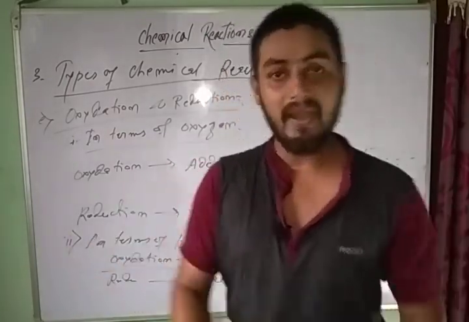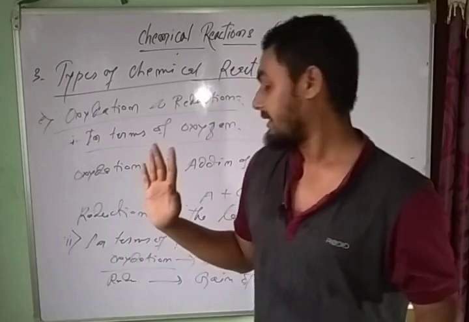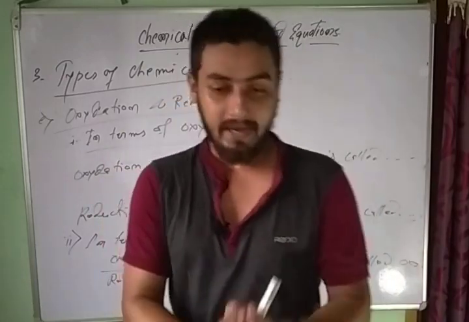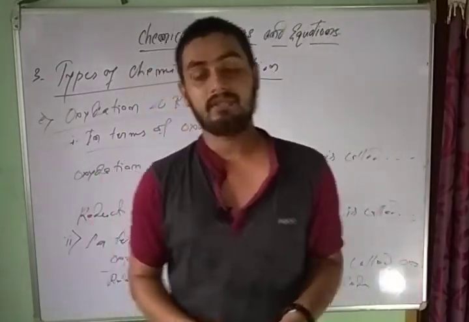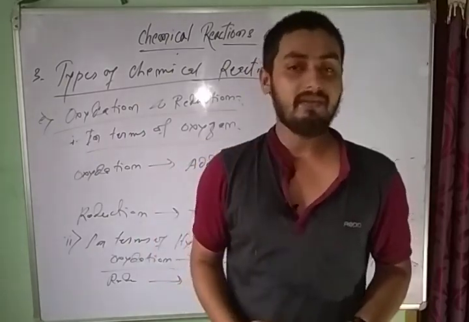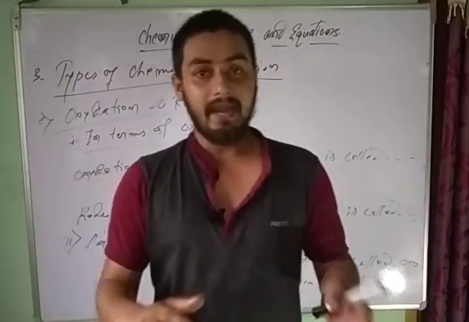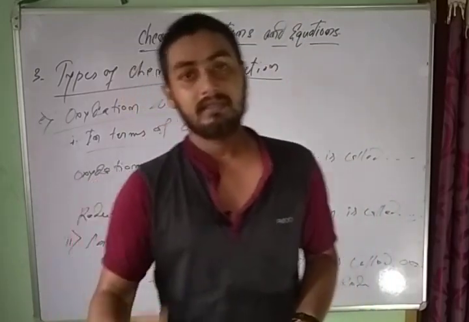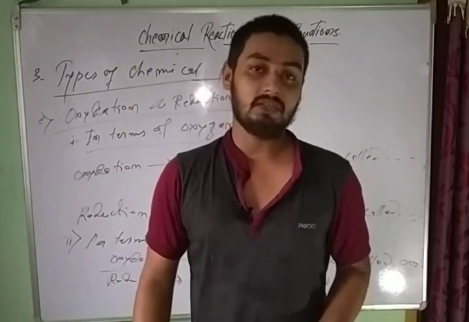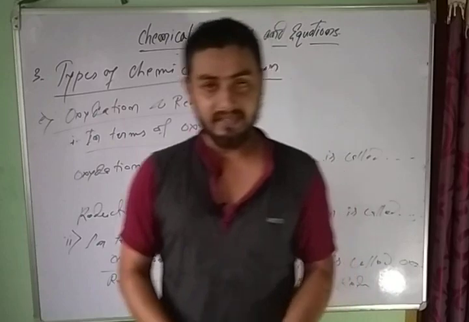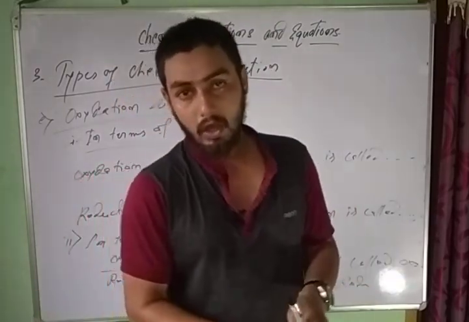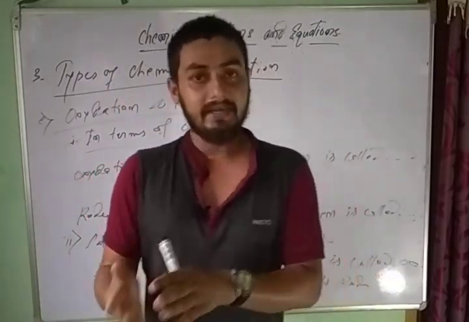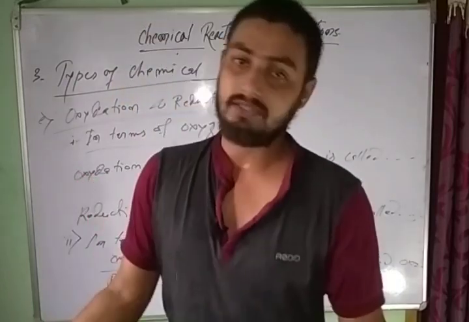If we combine oxygen and hydrogen together, we can say that the addition of oxygen or the removal of hydrogen is called oxidation, and on the other hand, removal of oxygen or addition of hydrogen is called reduction.